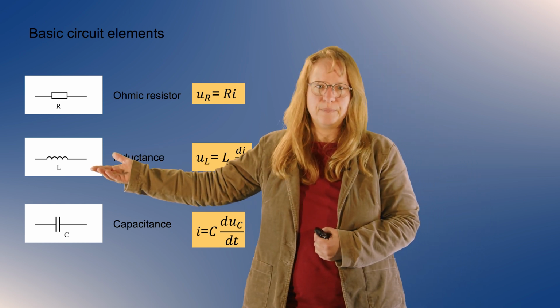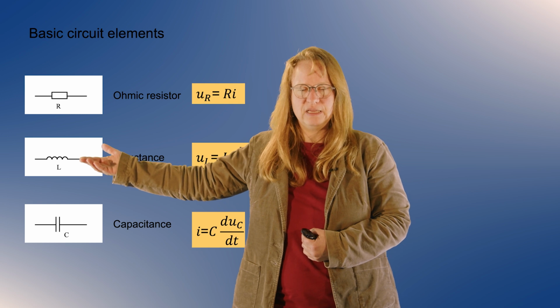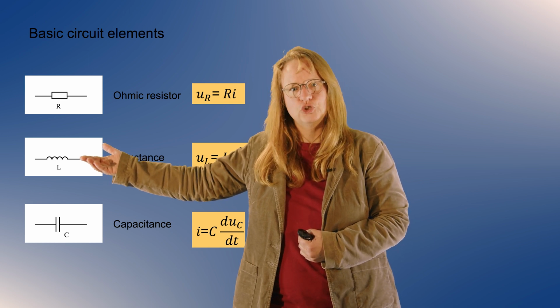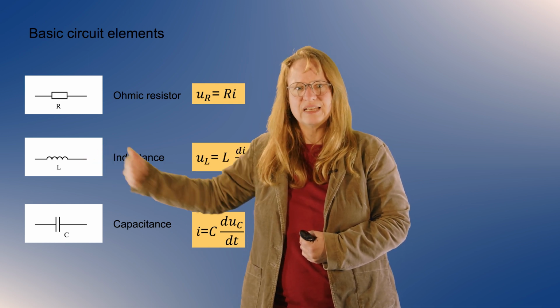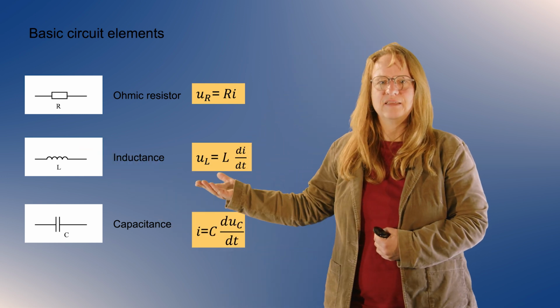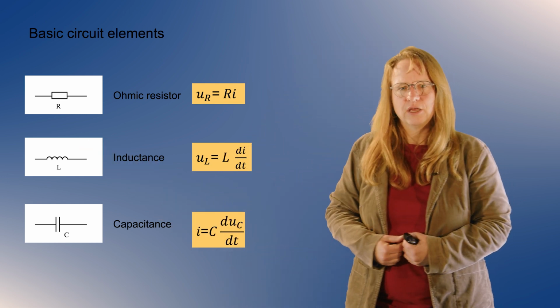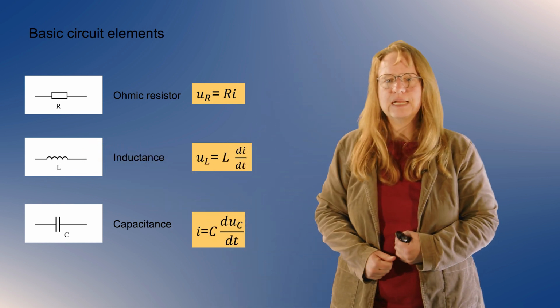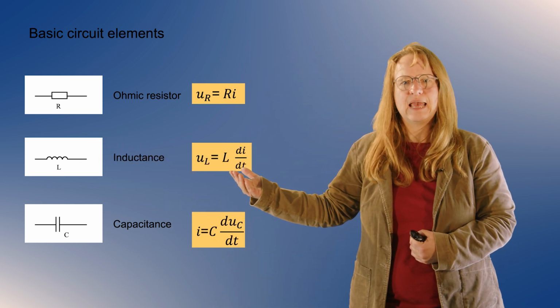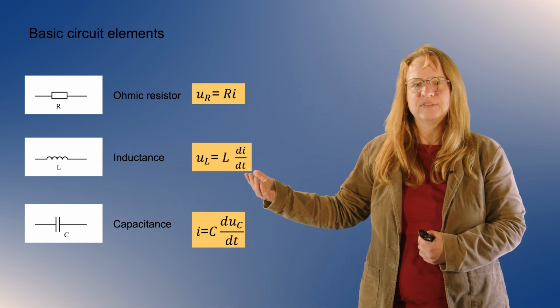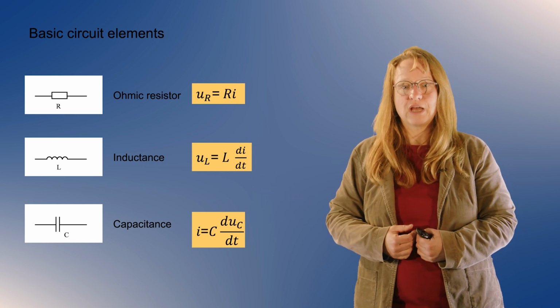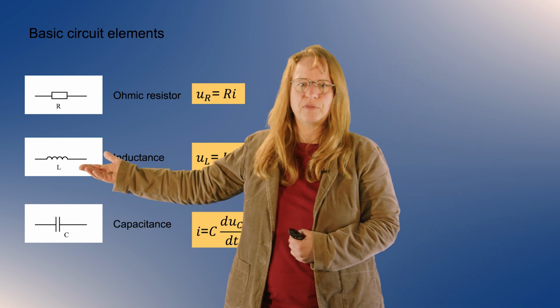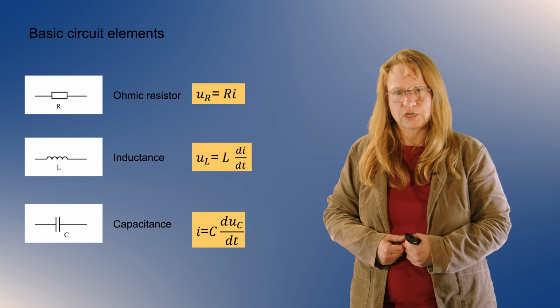So this is the image here for what a circuit element inductance looks like. So in Germany, at least, we draw it like this. And the voltage that is observed across the inductor is given by U_L as L, the inductance, times the time derivative of the current. That defines what the voltage across an inductor is.